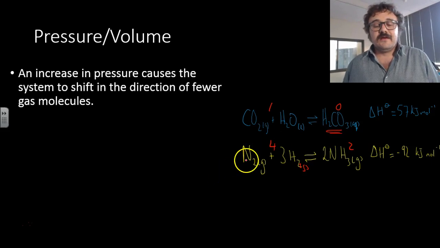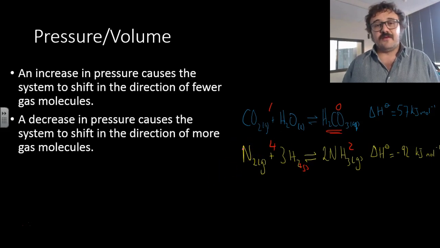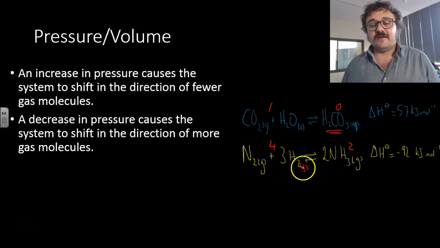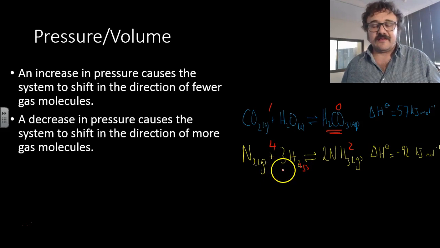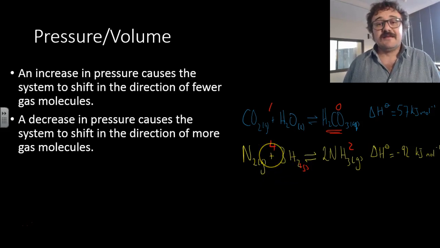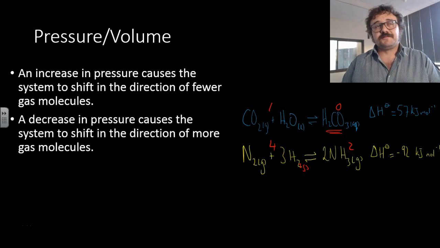And if we decrease the pressure, so we expand the volume that the reaction can happen in, it will move to the side with more gas moles. The reason it does this is to counteract any changes you're making. It's trying to maintain its equilibrium.